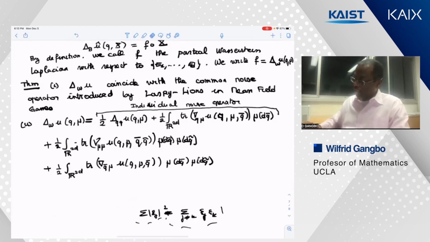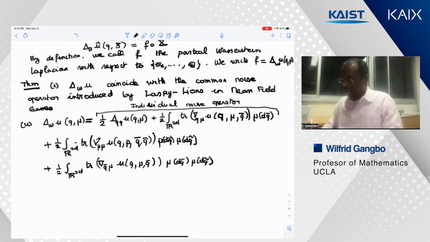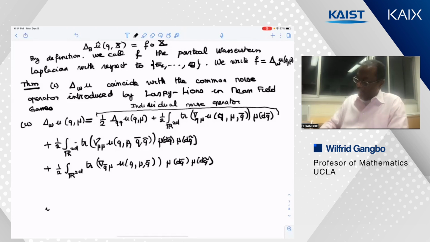But I also need to give you some information. Assume I have a function V from the set of probability measures on Rd to R. I define V hat to be V composition velour.